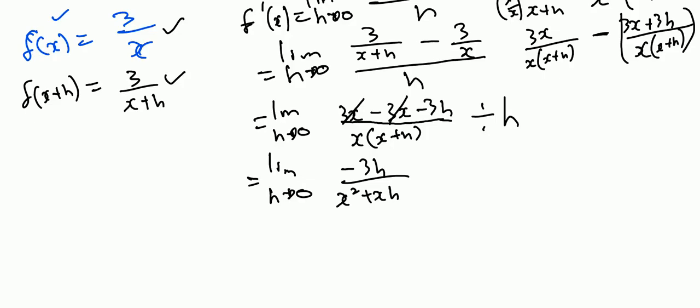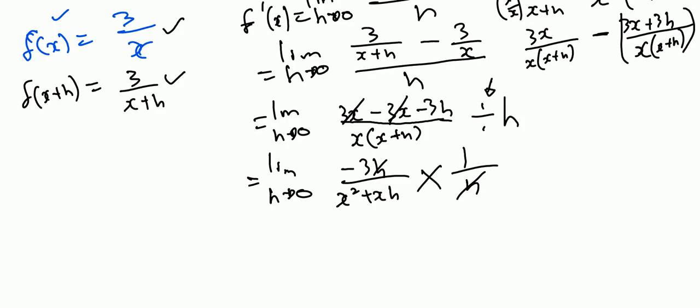Then what happens here? When we change this division sign to a multiplication sign, we are going to write h as 1 over h. We can see that negative 3h over x squared plus xh is multiplied by 1 over h. This h will cancel this h.